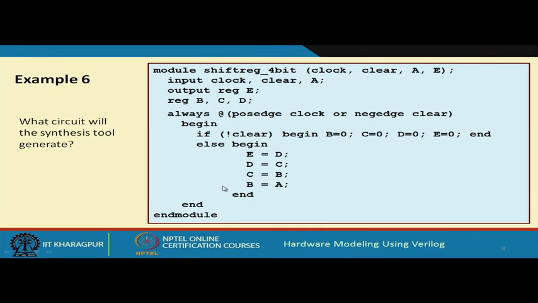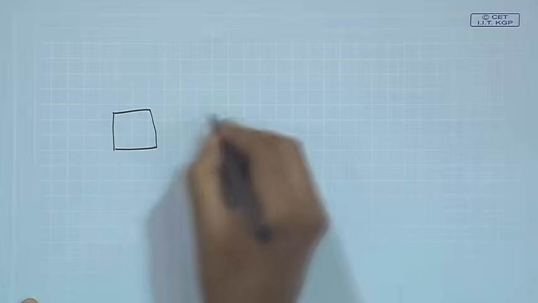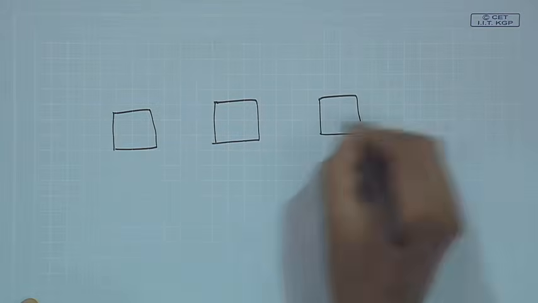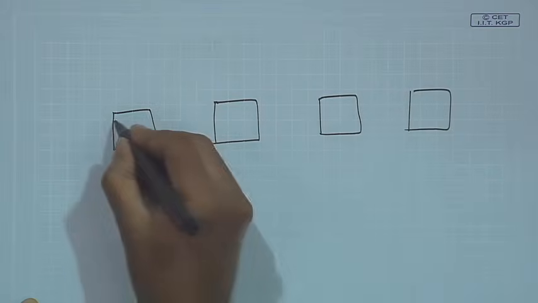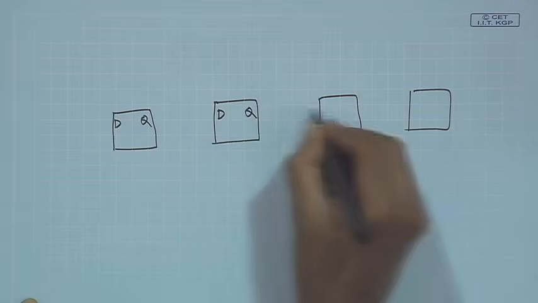Here our objective was to design a 4-bit shift register. Suppose this was what we started to design. We wanted to design a 4-bit shift register like this. There are 4 flip flops.